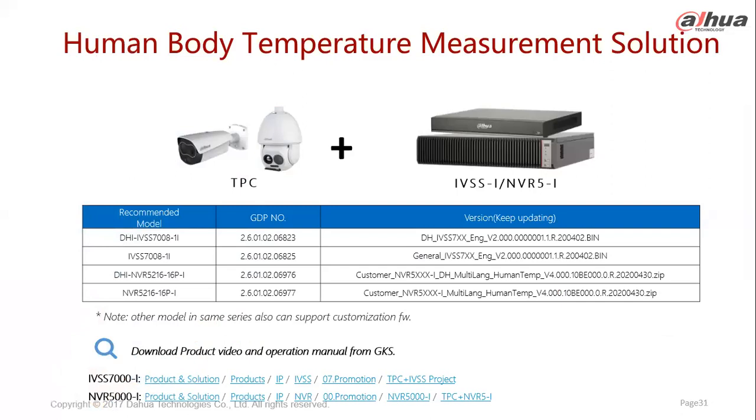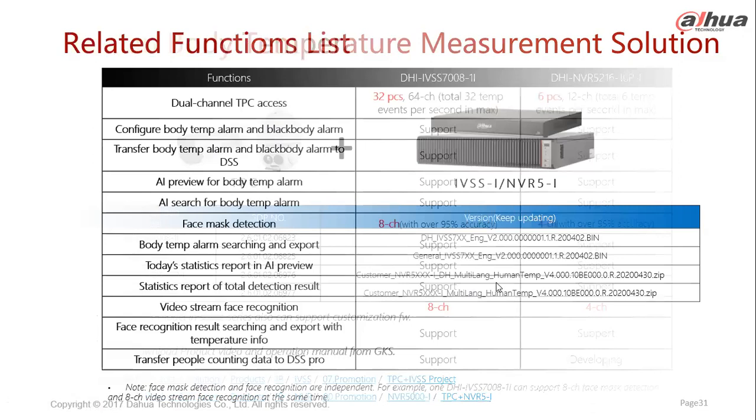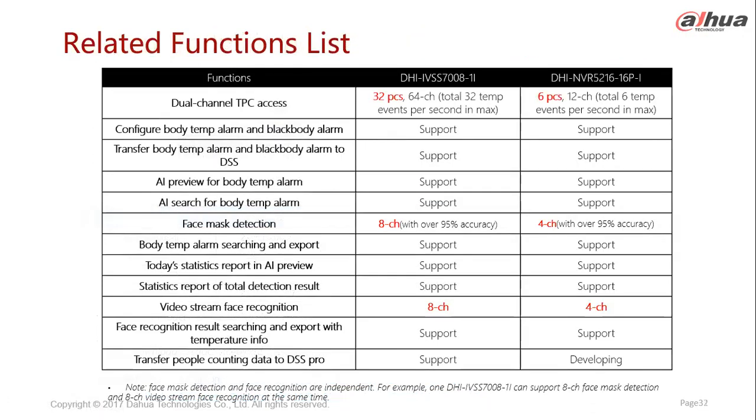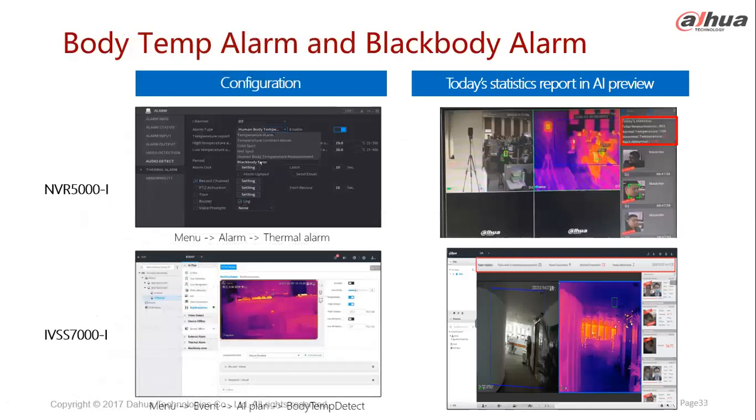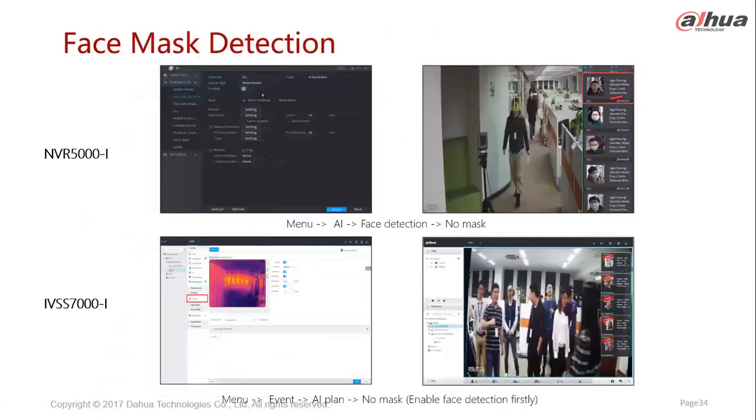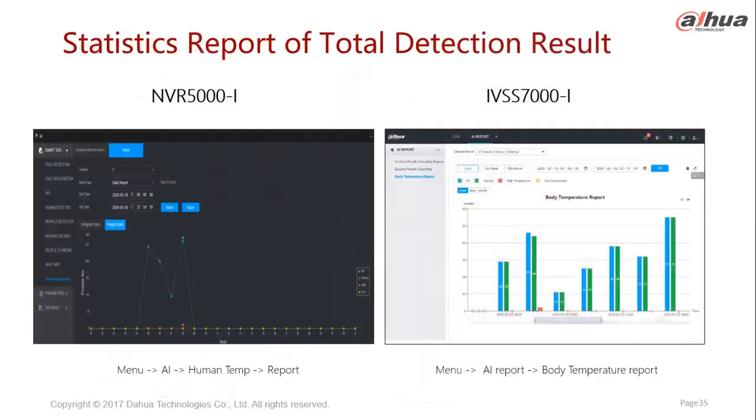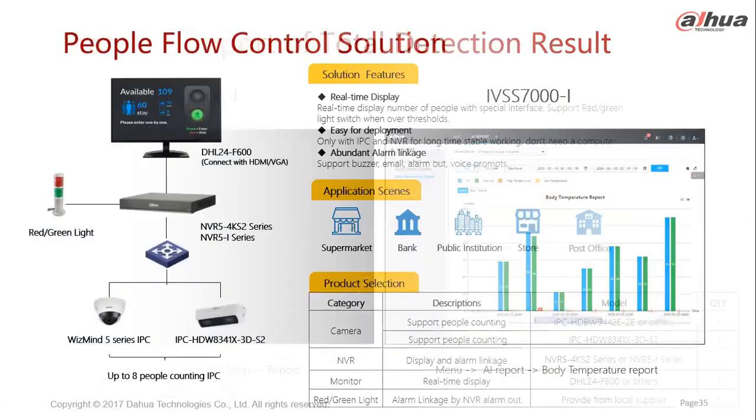So we also have solutions for human body temperatures. These are just some information to mention, using a thermal camera and an IVSS. Of course, you need to do some customization on the firmware. In this kind of firmware, you can have alarms on temperatures, face mask detection, statistics report, that is people counting.